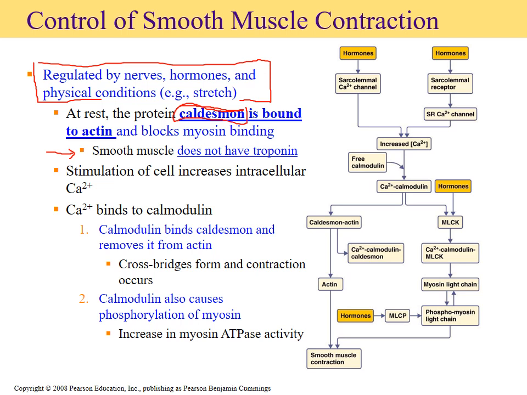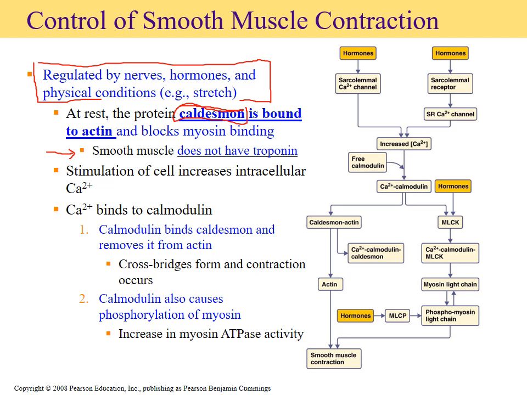This is a huge difference from skeletal muscle because, as you might recall from our previous slide, your skeletal muscle can only be controlled by neurogenic stimulation, meaning that the nervous signal has to be sent before it can respond. Smooth muscle can also rely on nerves, but it does have alternate options to initiate its contraction. All right, back to our caldesmon.